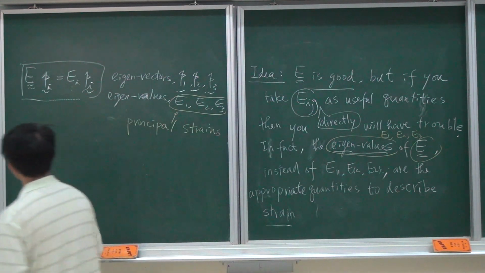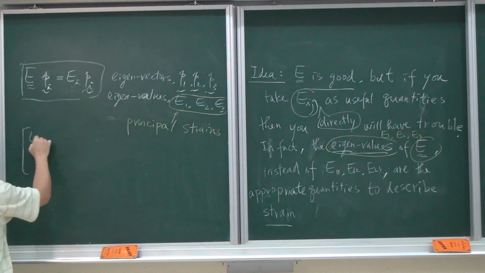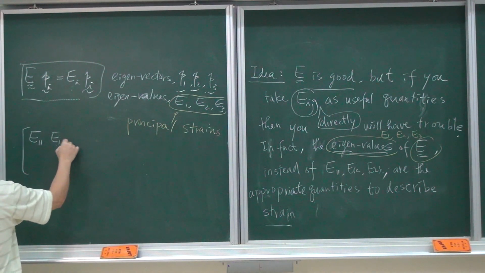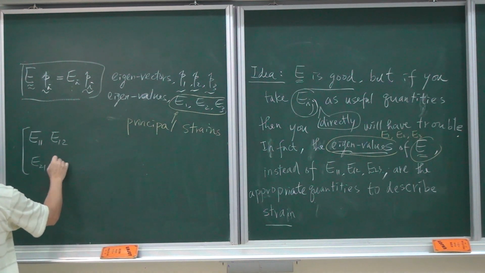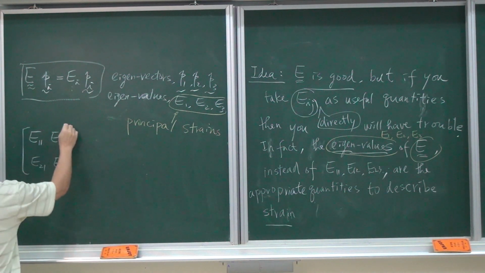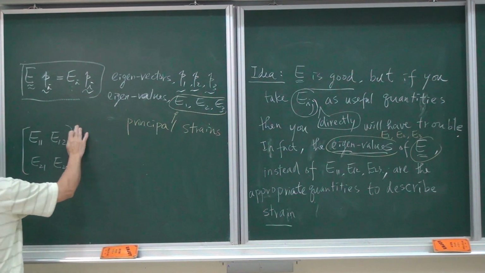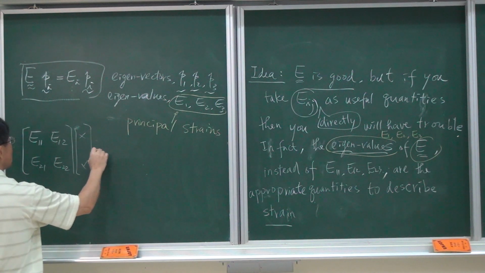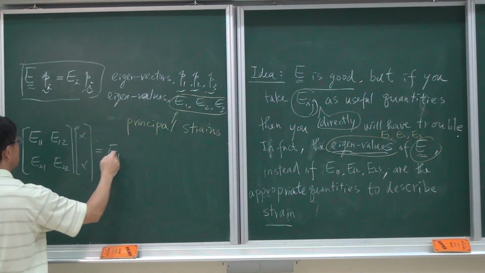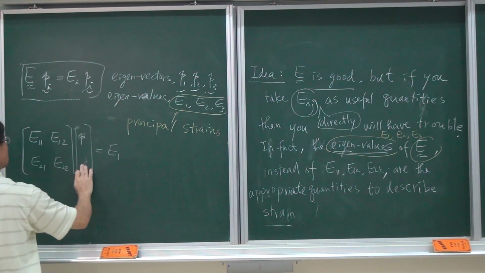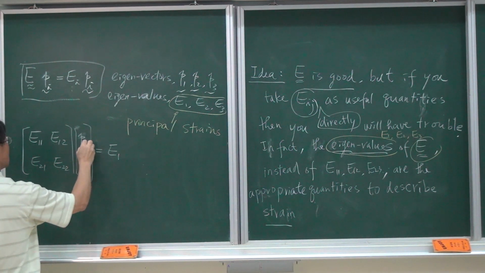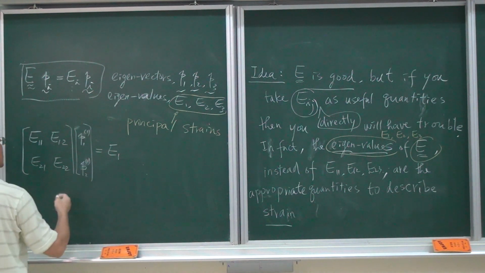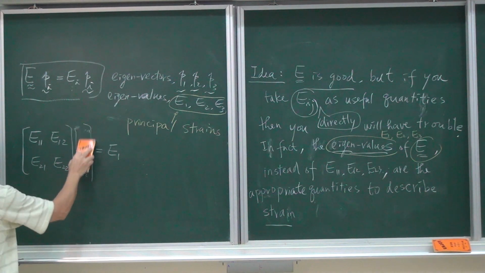For example, you have a matrix in two dimensions. Take it in a simple way. And then we have eigenvectors and E1. Let me show you.